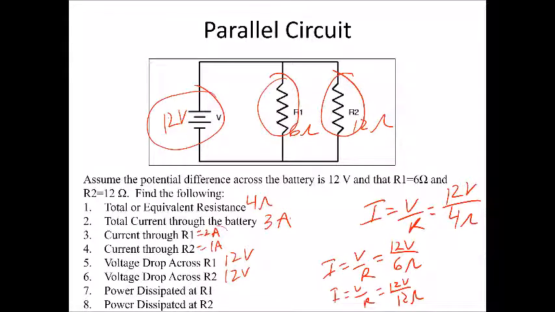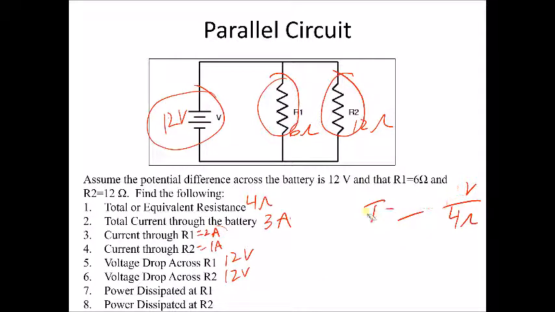Lastly, we're asked to find the power dissipated at R1 and R2. And remember, we can find that one of several ways. P equals VI or P equals I squared R. Let's, in this case, just use I squared R. Doesn't matter which one you use, you're going to get the same answer.